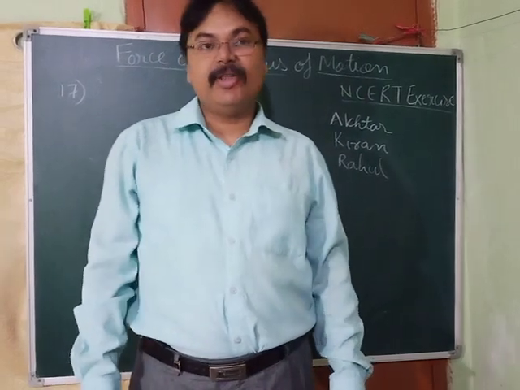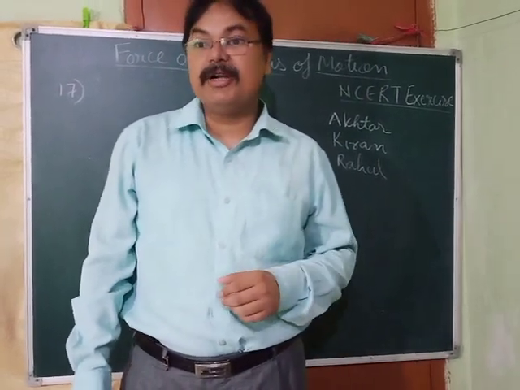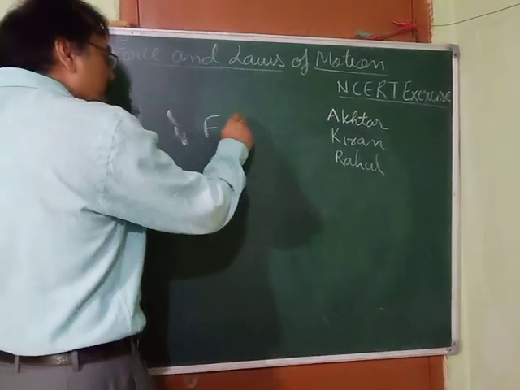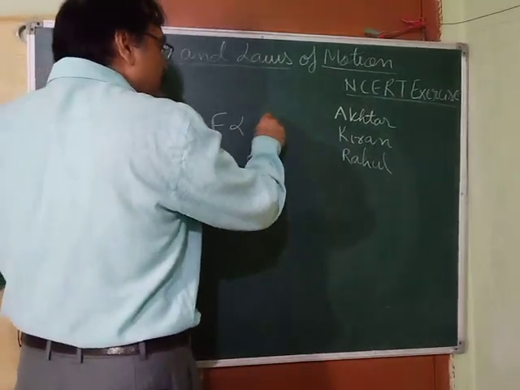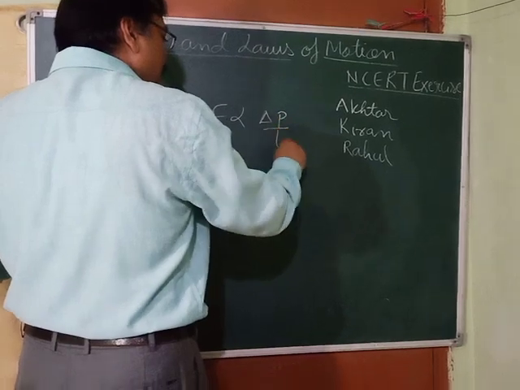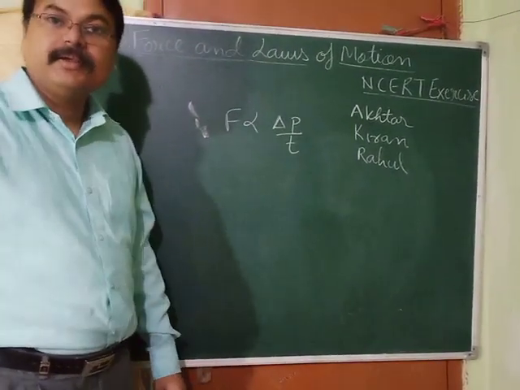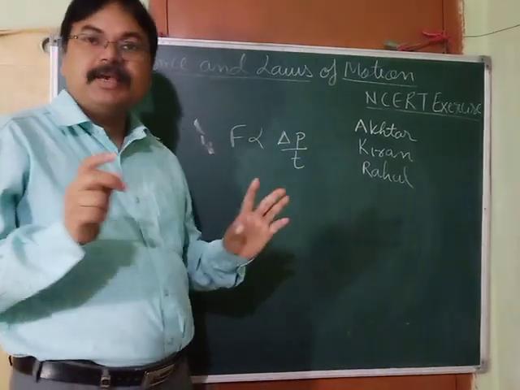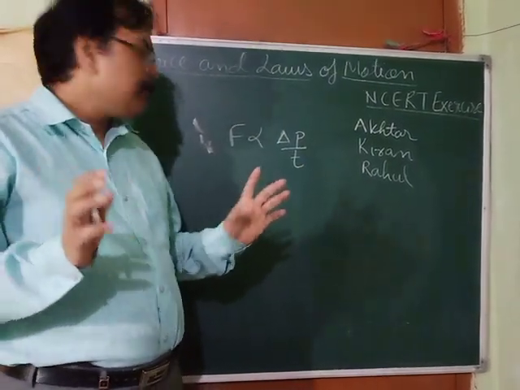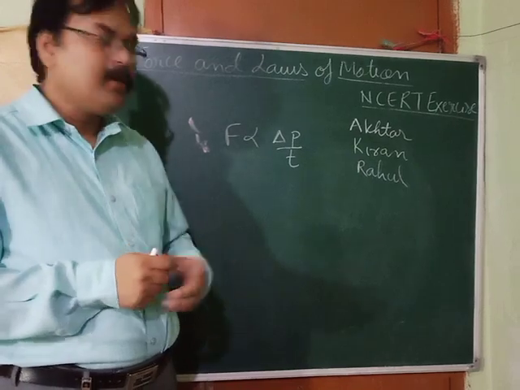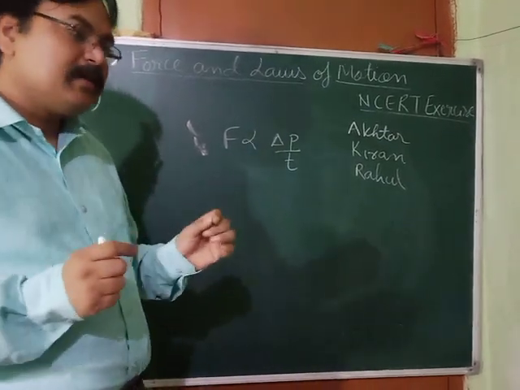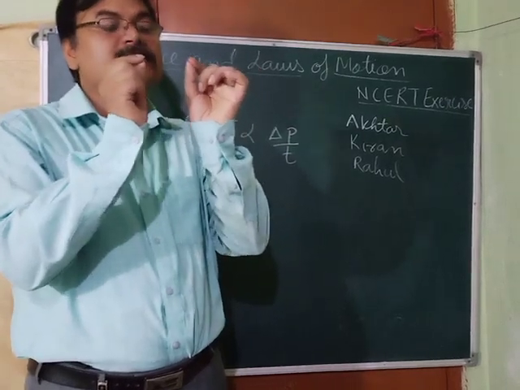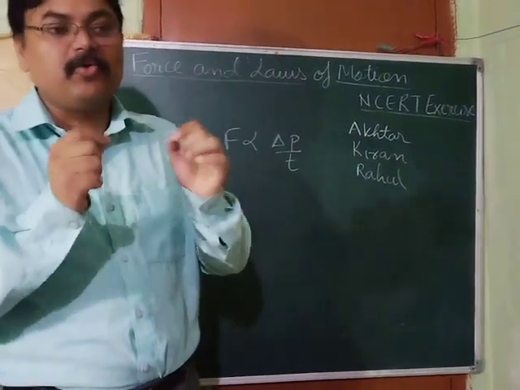Now second thing, what about the change of momentum of both of them? We know very well that force is directly proportional to change in momentum by time, okay. The time is the time which they took to come in contact, to collide.